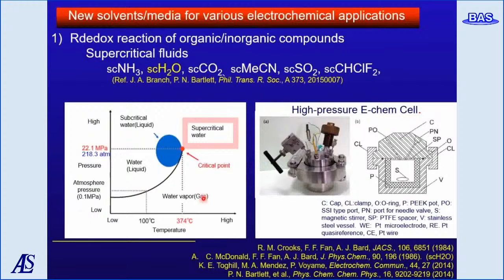As both temperature and pressure increase, it reaches a critical point. Above the point, it becomes impossible to clearly distinguish between the liquid and gaseous state. Phase boundaries vanish. A substance in this state is called a supercritical fluid.